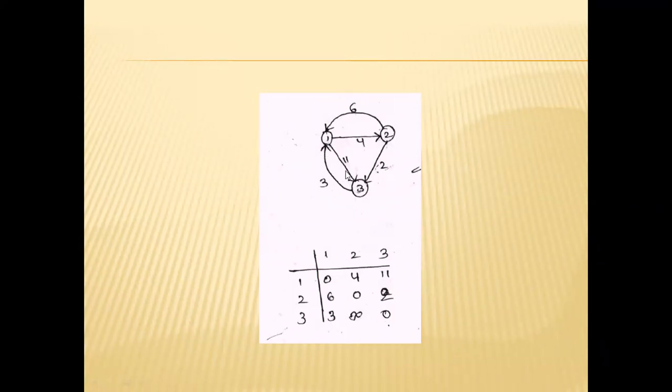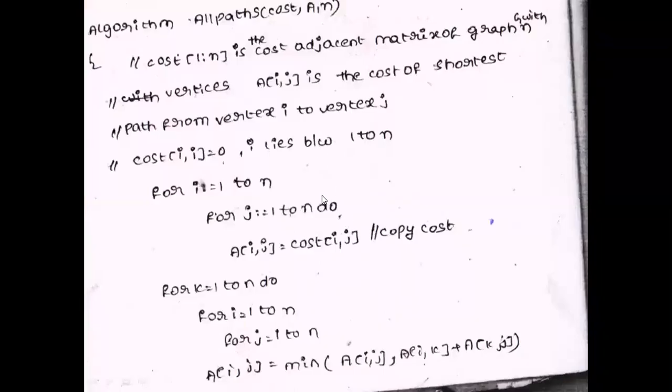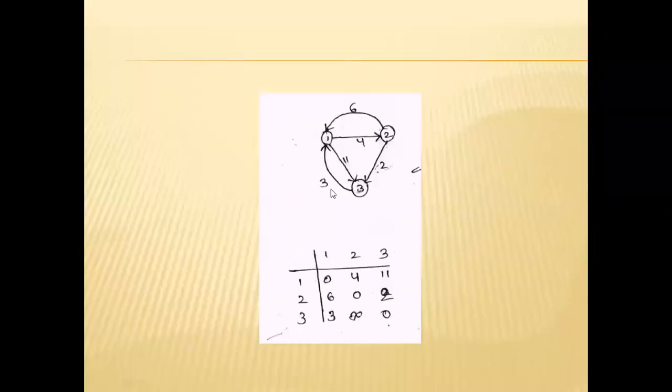Edge 1 to 3 is present, and it is 11. Next, 2 to 1 has cost 6. 2 to 2 is 0. Edge 2 to 3 is present, and it is 2. Next, the edge from 3 to 1 is present, and it is 3.